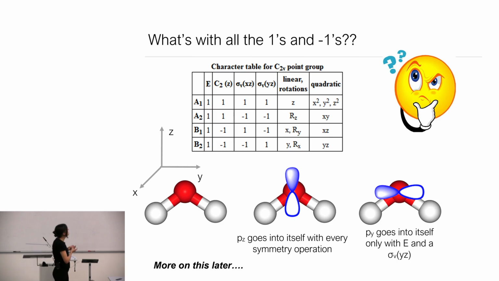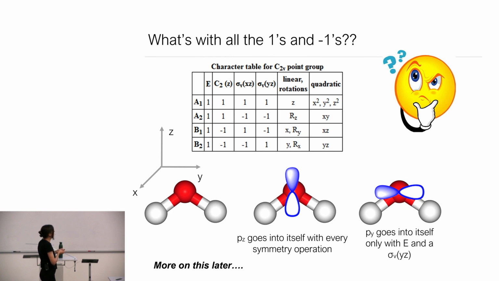In contrast, if I look at what happens with PY, what I actually then see is that if I do a C2 rotation, it goes into minus itself. And if I do a sigma V in the XZ direction, so perpendicular, it would go into minus itself, whereas if I took it within the plane of the board, it would go into itself.